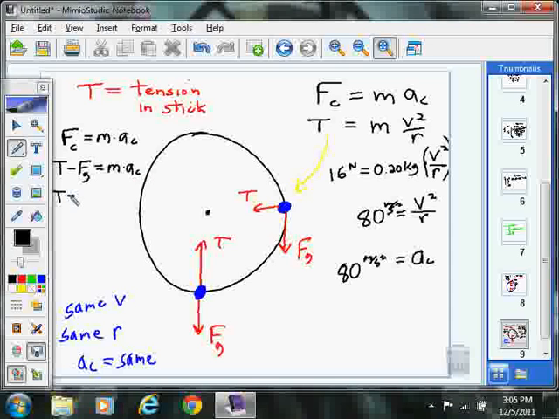And we know the mass, so we can figure out Fg: 0.20 kilograms times 10 meters per second squared equals 0.20 kilograms times 80 meters per second squared.